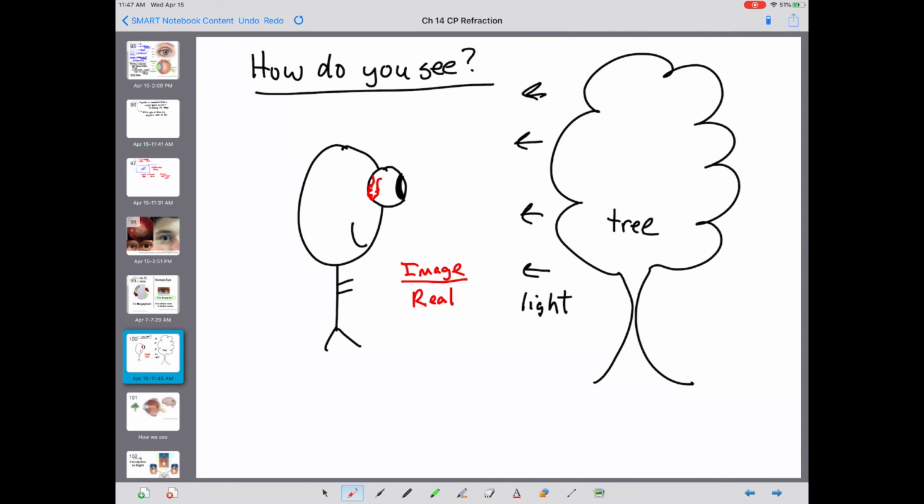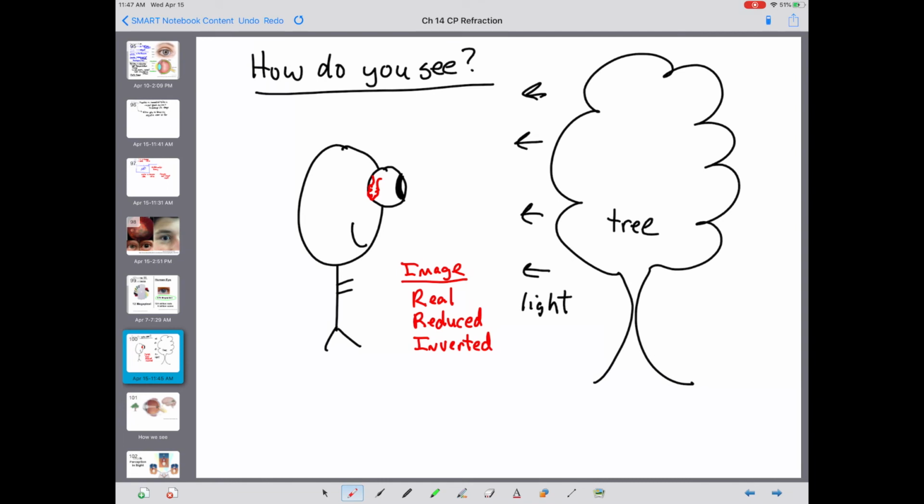You cannot activate the rods and cones if you don't actually have light there, so it must be real. We can tell based on the size of the actual tree and the size of your eye, that image is reduced in size. And it is also inverted. Real we talked about. Let's talk about the inverted.